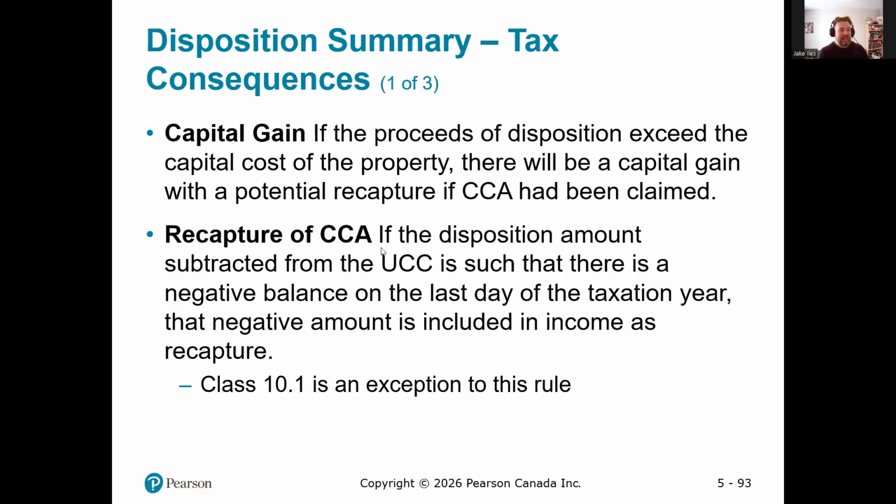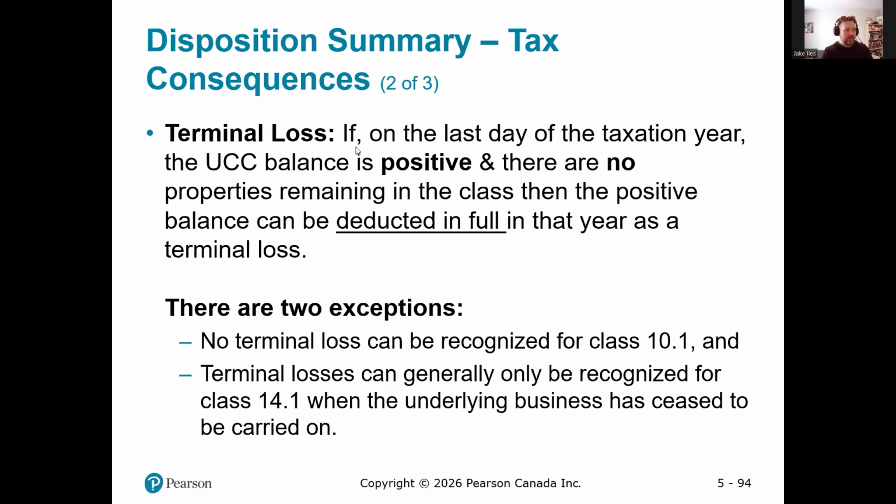Recapture gets recognized if the disposition amount subtracted from UCC results in a negative number. Terminal loss occurs if on the last day of the tax year, the UCC balance is still positive, even though we disposed of all the properties.